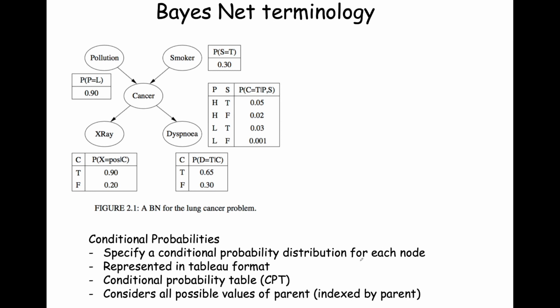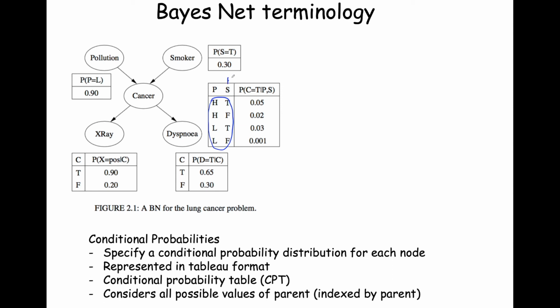And what these CPTs consider is all of the possible values of the parents. So each CPT for a given node, like say cancer, because it has two parent nodes, pollution and smoker, is going to be indexed by all of the instantiations for the values of the two parent nodes, pollution and smoker. And so we have 4 entries here.